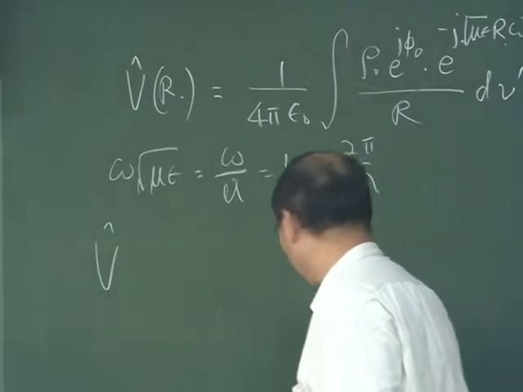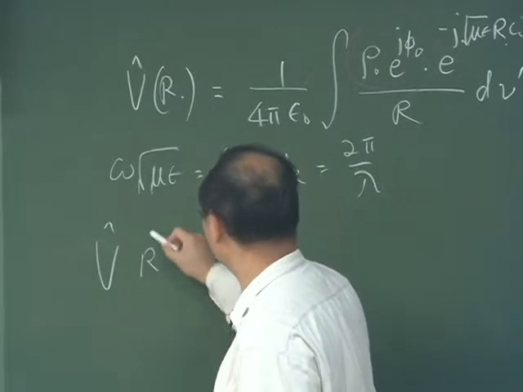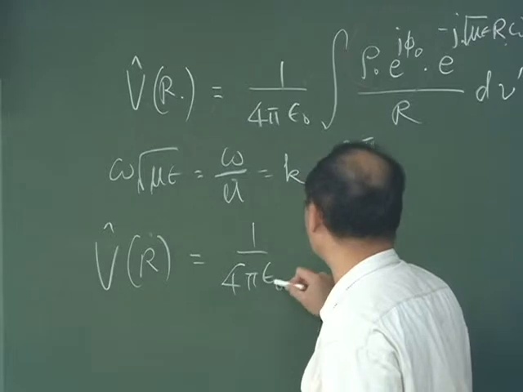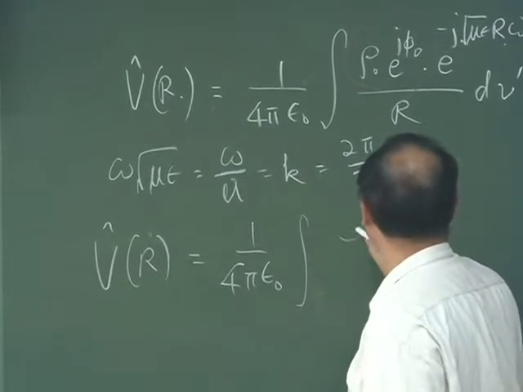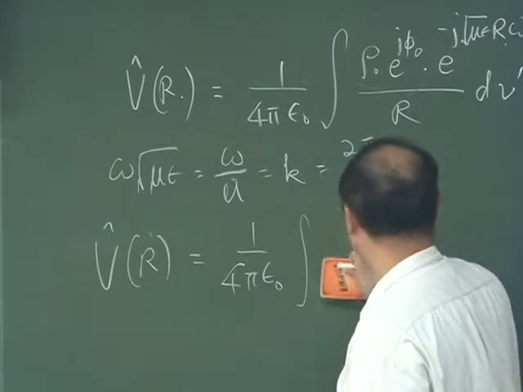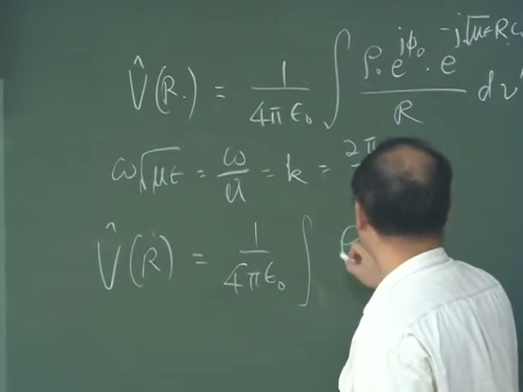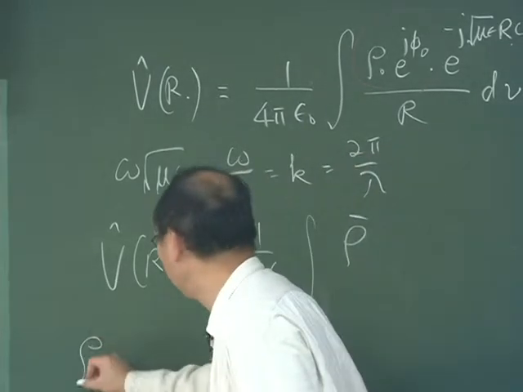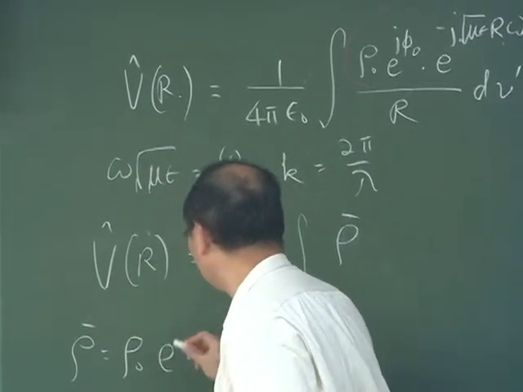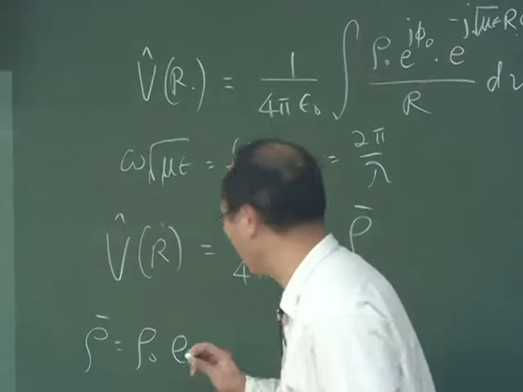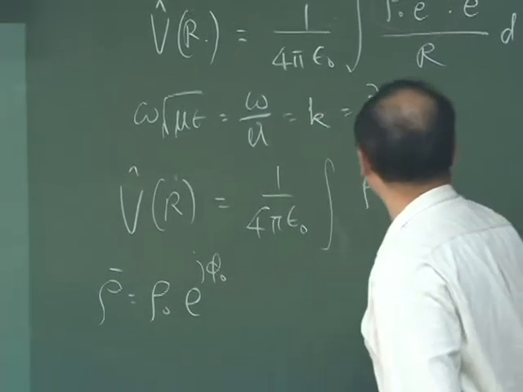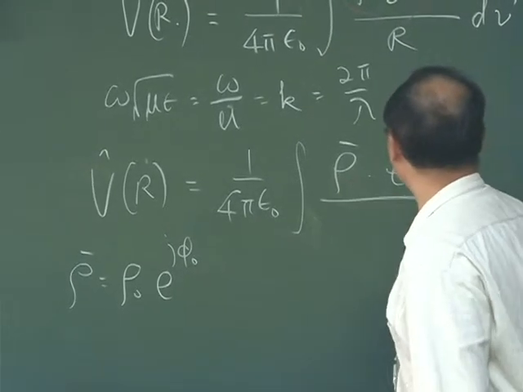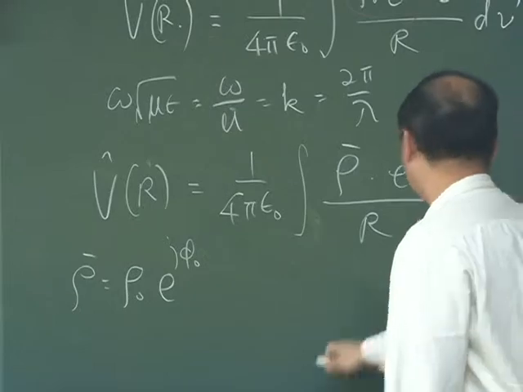So you have V equal to 1 over 4 pi epsilon naught, and then you can define rho bar as rho naught, a complex amplitude of the charge, exponential j phi 0, multiplied with exponential minus j k r, over r dV prime.